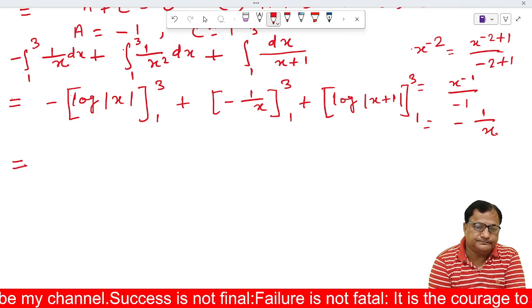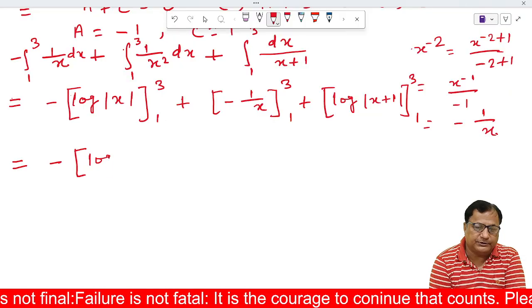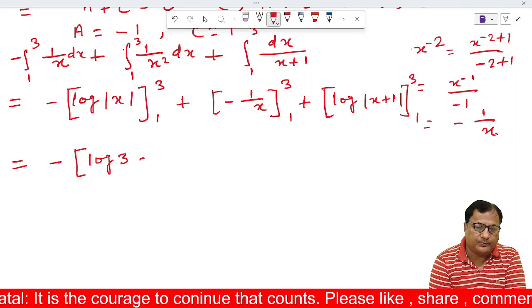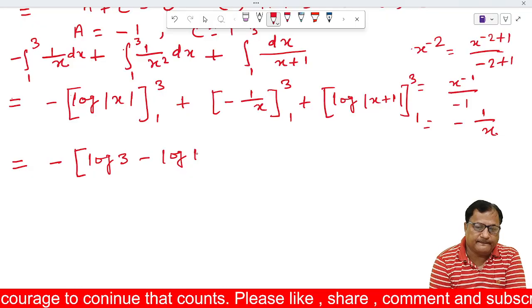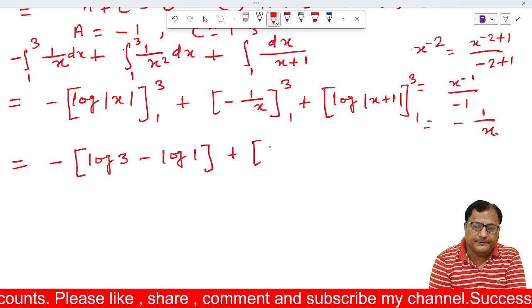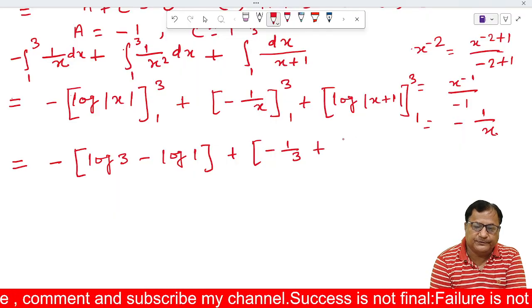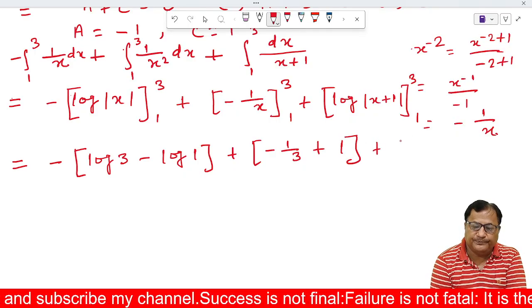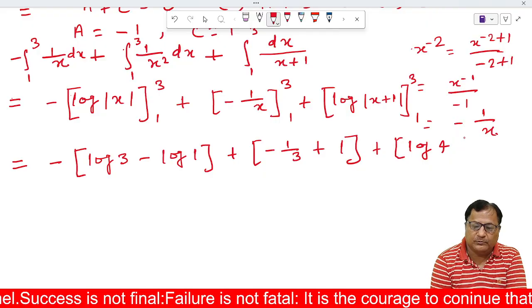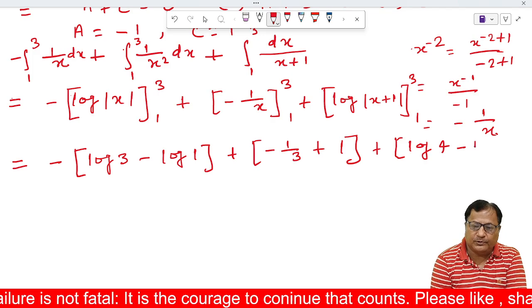I will put the values: minus, log 3 minus log 1, plus minus 1 by 3 plus 1, plus log 4 minus log 2.